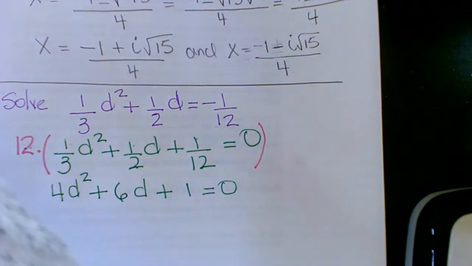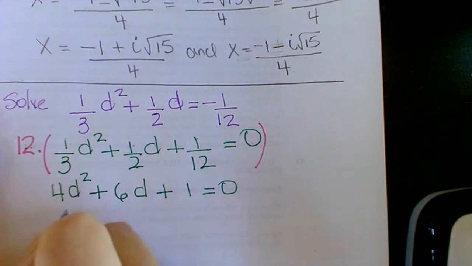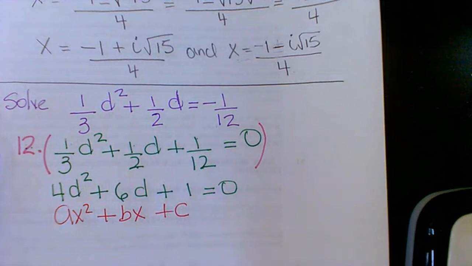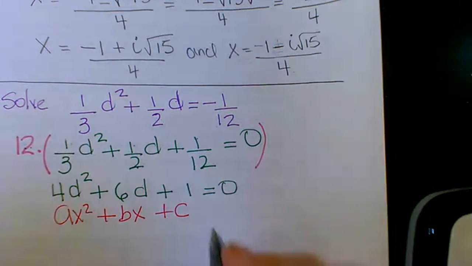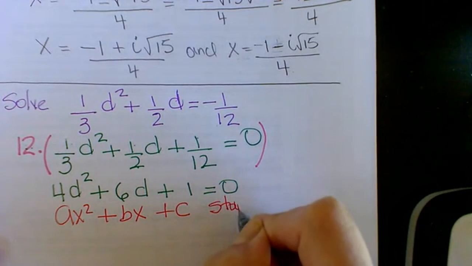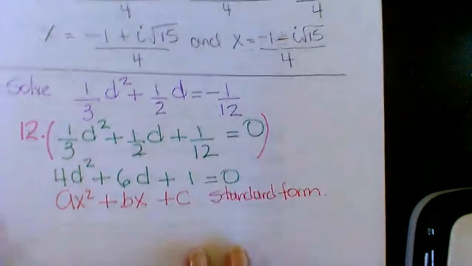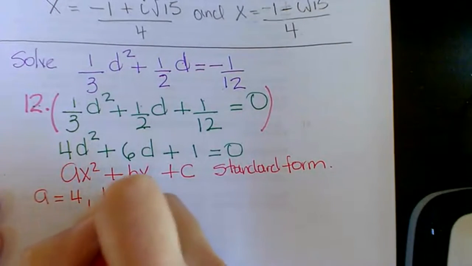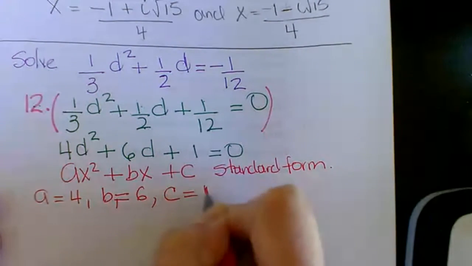Perfect. You see, now it's looking a lot better. Because this is ax squared plus bx plus c. We have it in the standard form. So now I know my a is equal to 4, my b is equal to 6, and my c is equal to 1.